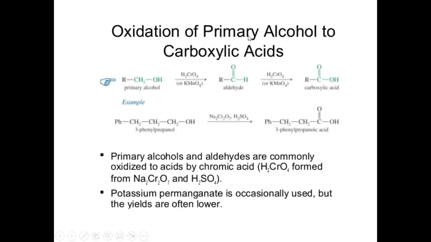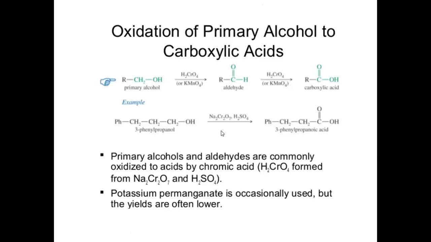Okay, and then oxidation. The primary alcohol forms the aldehyde, and then lastly the carboxylic acid. For example, 3-phenylpropanol, right?